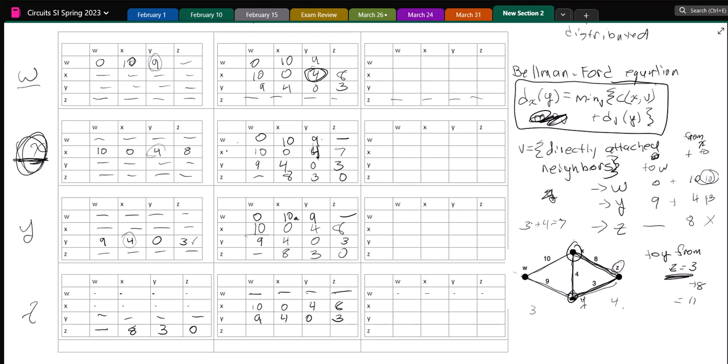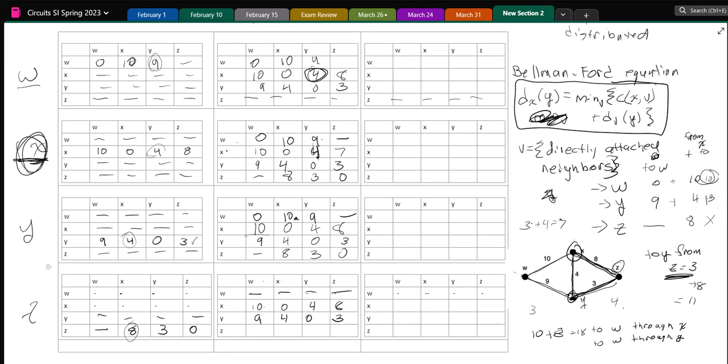Now we can look at X and Y and see how much it costs from X and Y to get to W. To get to W from X is 10, but to get from Z to X is 8. So to W through X is 18.